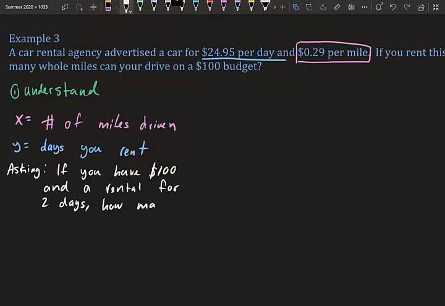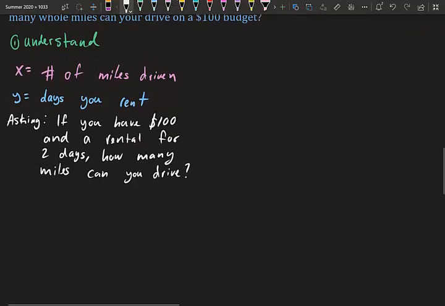So how many miles can you drive? That's what it's asking. All right, step 2 is to translate.